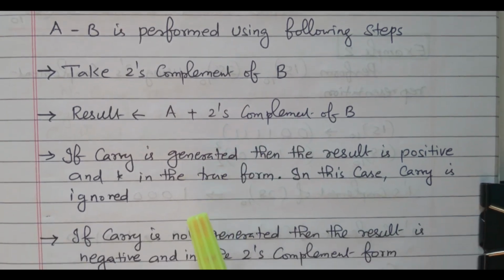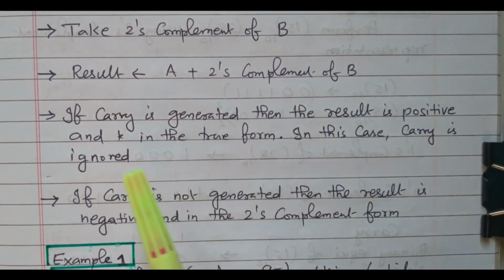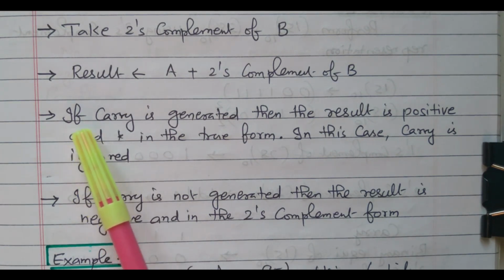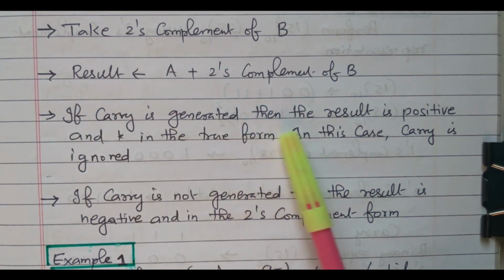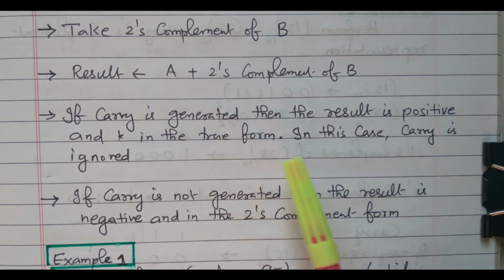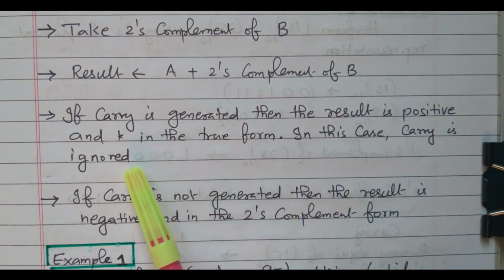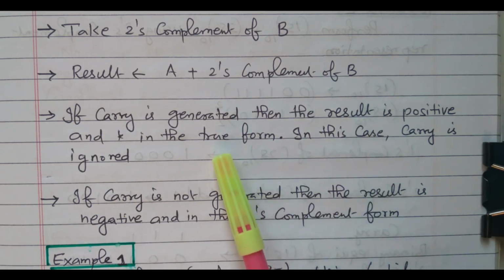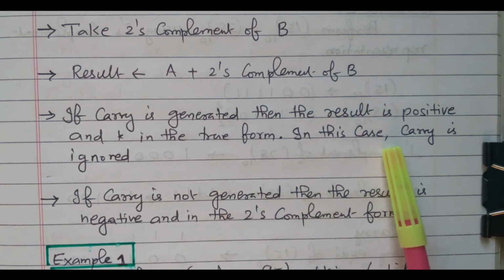Depending upon the carry, there are two cases. If the carry is generated, then the result is positive and in the true form. In this case, the carry is ignored; we can neglect the carry.